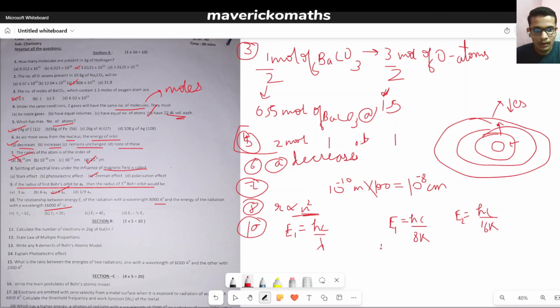Dividing both sides, E1 upon E2, we will get here 1 by 8 and 1 by 16.